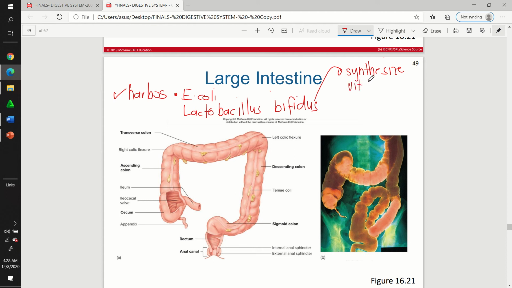Yes, vitamin K, and break down cellulose into a usable carbohydrate.